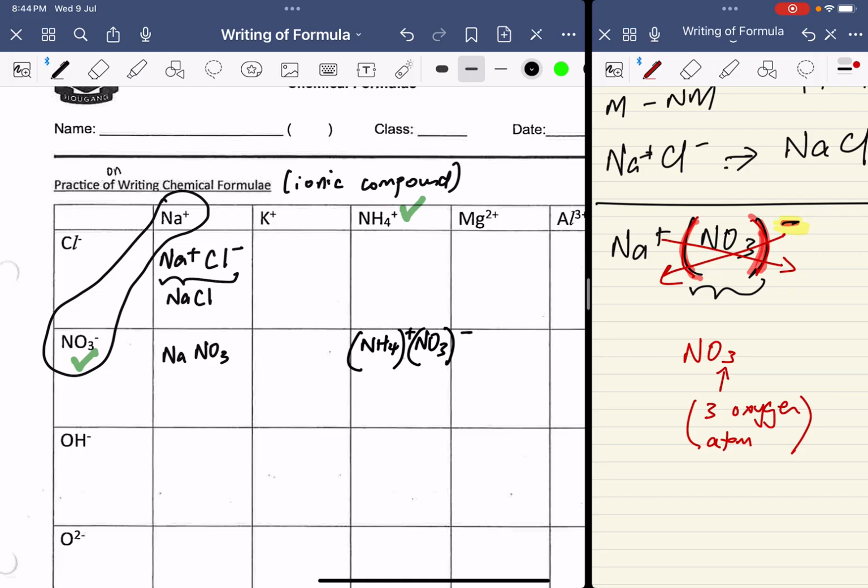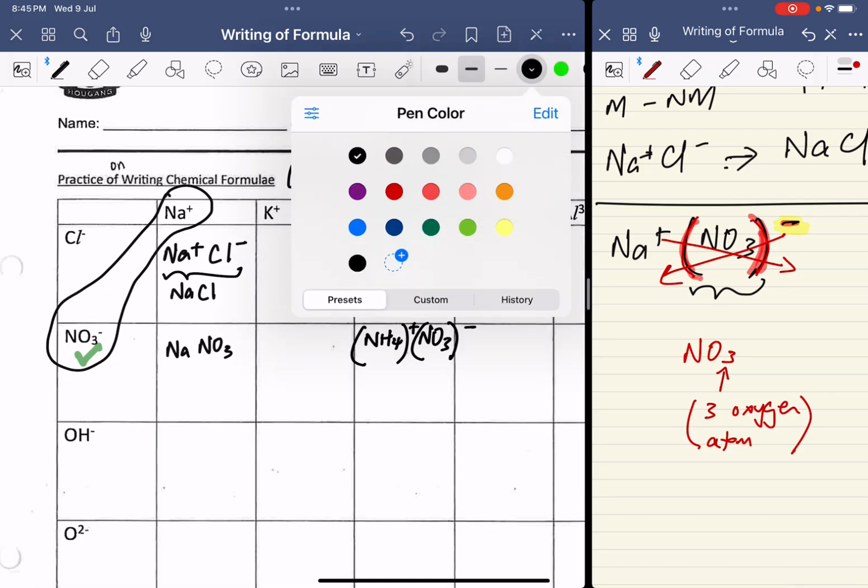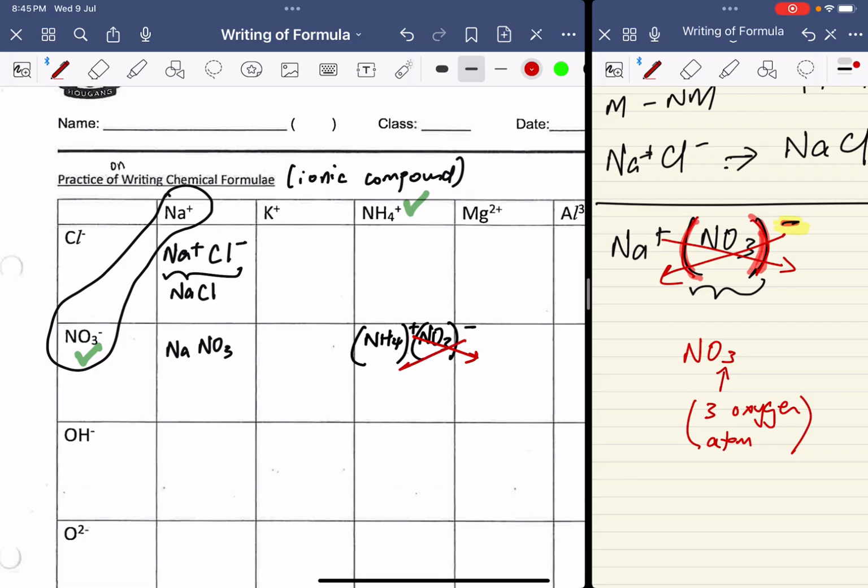The 4 and the 3 don't move around, just maintain. When you have your positive charge and your negative charge, they exactly balance each other. So you have NH4 and NO3. One set of NH4 will balance out one set of nitrate.